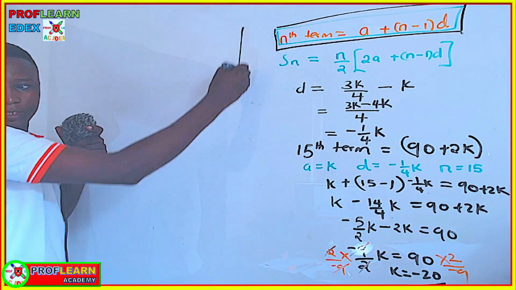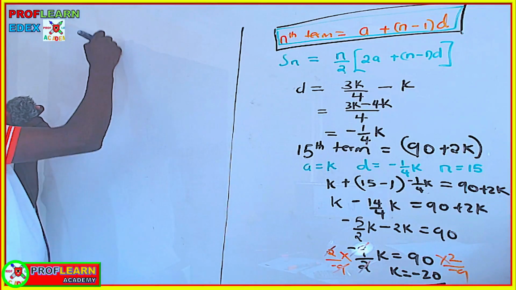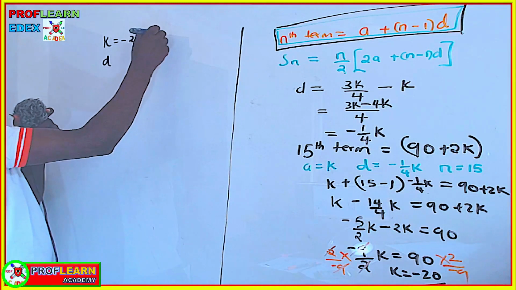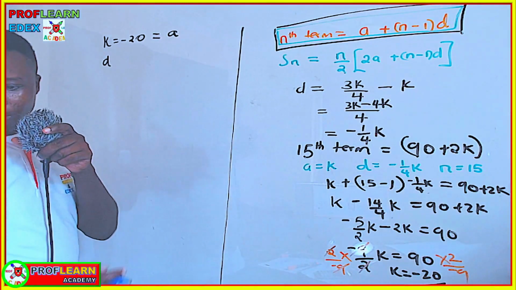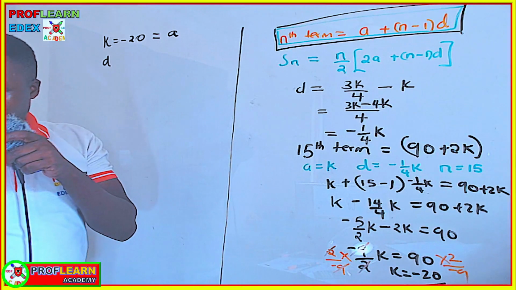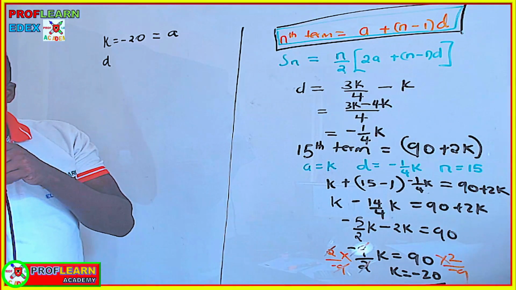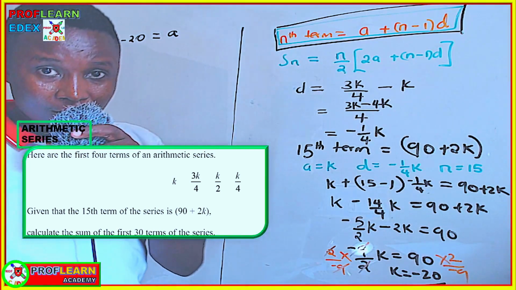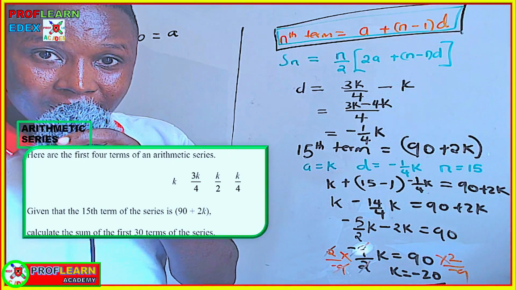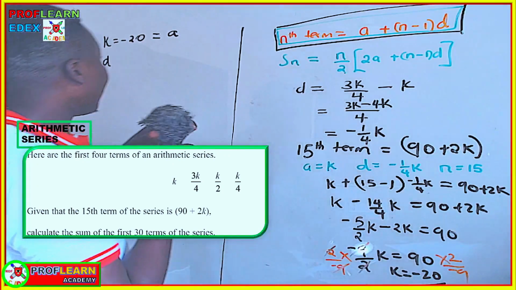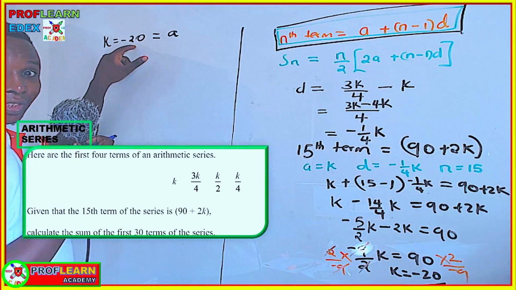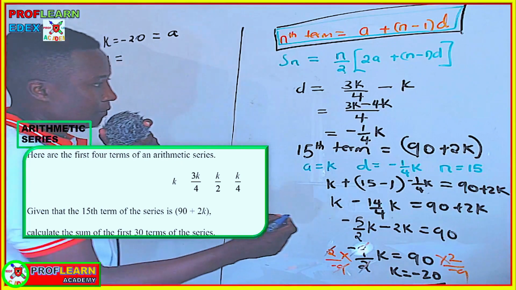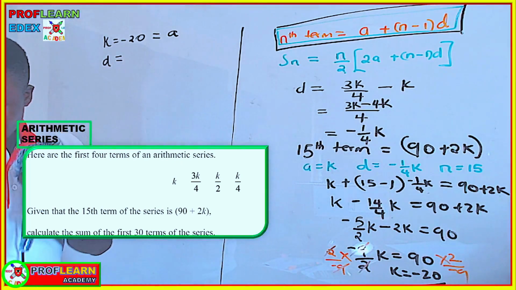Our first term a is k, and k is negative 20, so our first term a is negative 20. Then for the common difference, we had an expression for d, which is this part here.